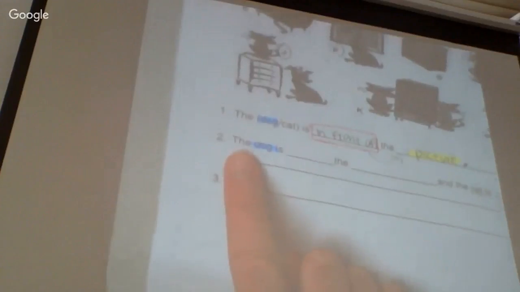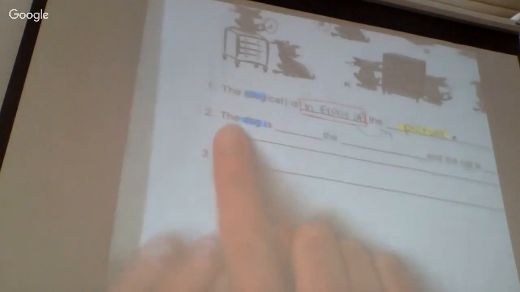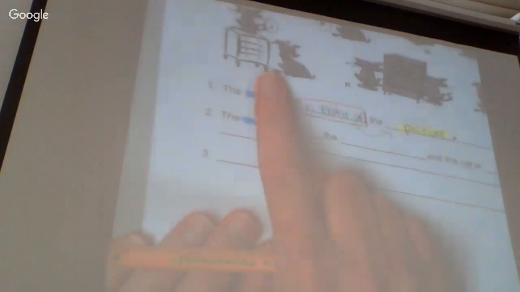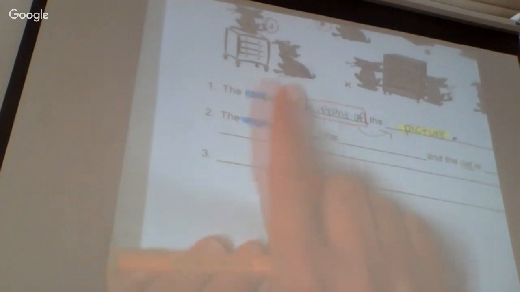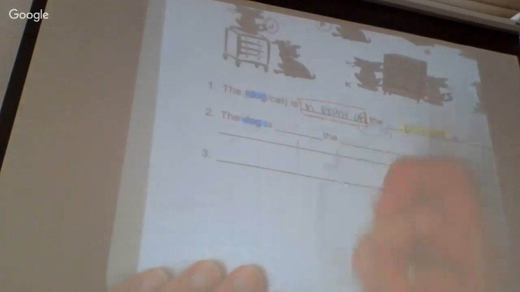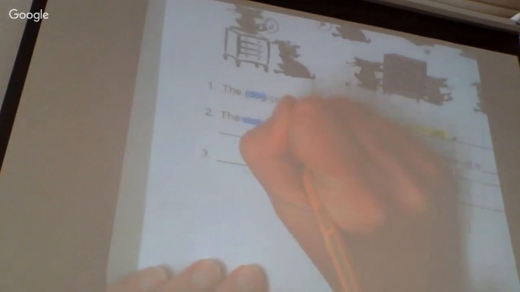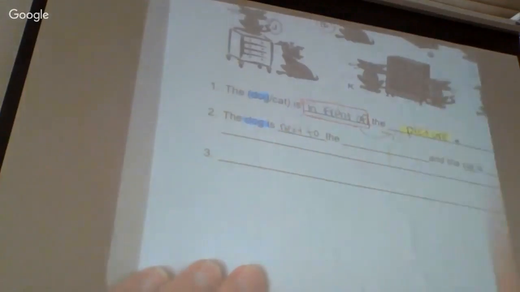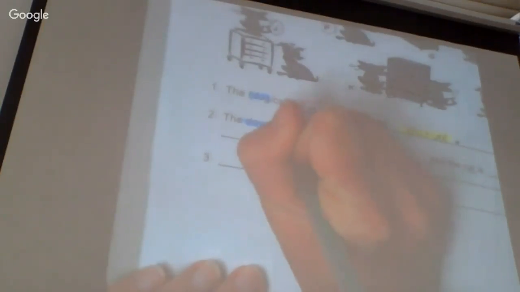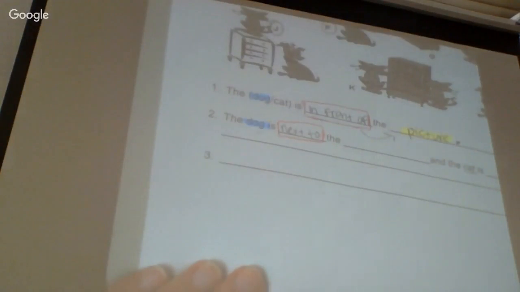Okay. So in the picture, where is the dog? The dog is blank the blank. Where is the dog? The dog is next to the bookcase. So the preposition is next to. I write next to on the line, and then I put a red box around it to remind me that that is the preposition.